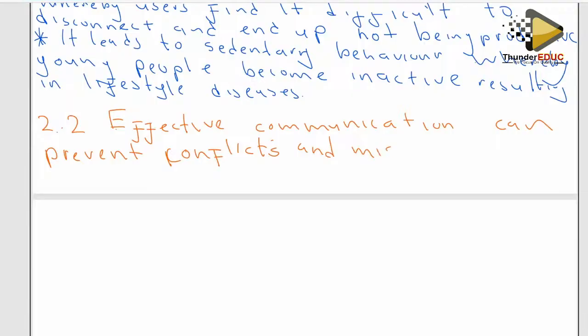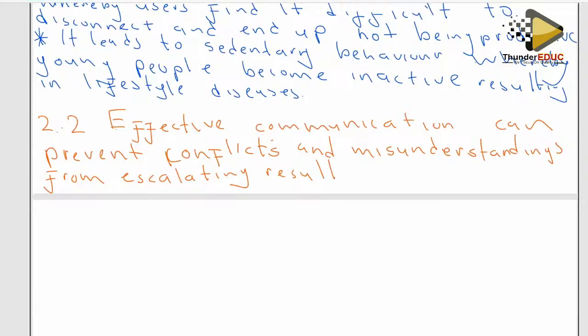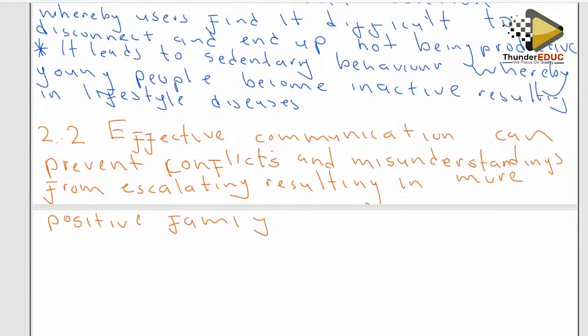It can actually prevent conflicts and misunderstandings from escalating, resulting in more positive family interactions.